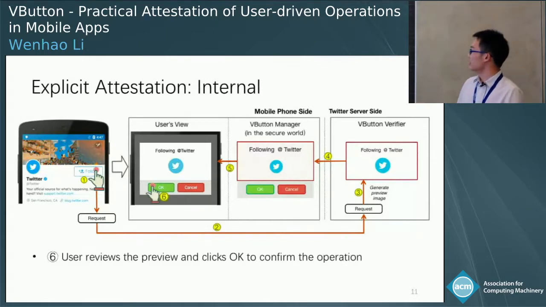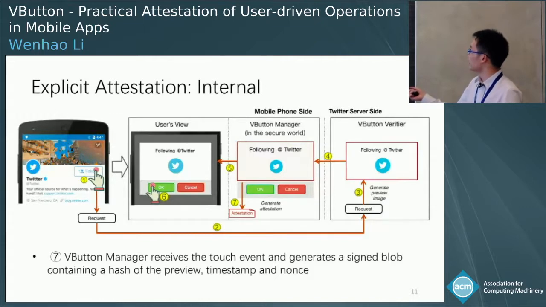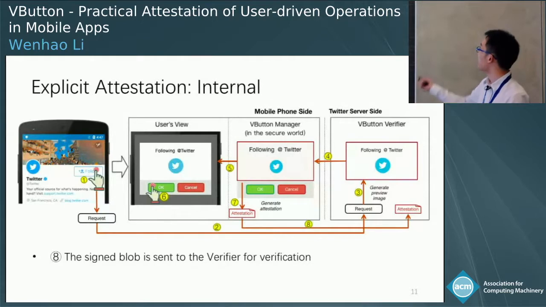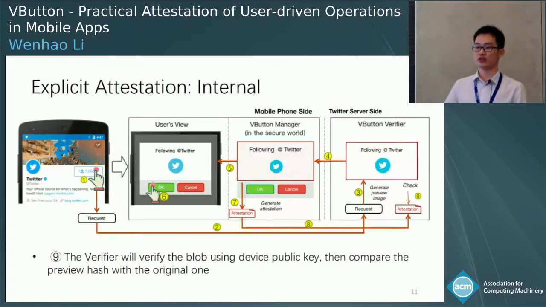And after the user reviews the preview and clicks OK, then the VButton manager in the background will receive the touch event directly from hardware and generate a signature of this operation and then send it back to the verifier for further verification. The verification is done by firstly checking that the request does come from the device by using the device key here, and then comparing the preview hash with the original one generated in the verifier.